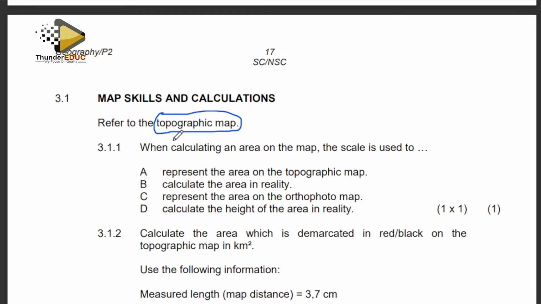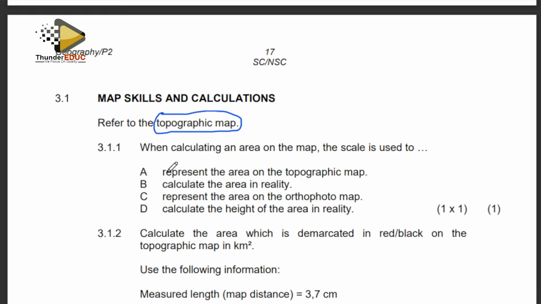But remember, the question says we are using the topographic map. So in this sense, we have to first of all eliminate what is not needed. Basically, C is out because it is talking about the orthophoto map. When calculating an area on the map, the scale is used to represent the area on the topographic map, calculate the area in reality.